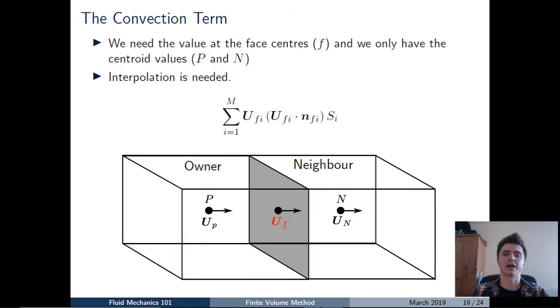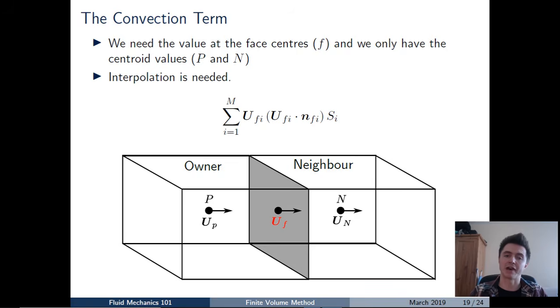However, if we think back to how we've set up our cell-centered CFD code, we know that the value of the flow variables, velocity, pressure, temperature, is only stored at the cell centroids. So for our owner cell P, we know the velocity at point P, and for the neighbor cell across one of those faces, we also know the velocity at that cell centroid, but we don't know the velocity at the face center F, which you can see in the diagram.